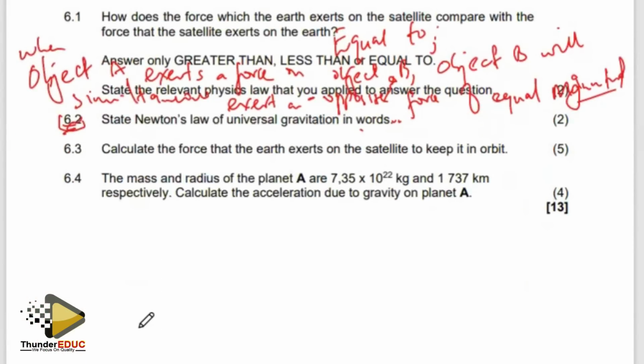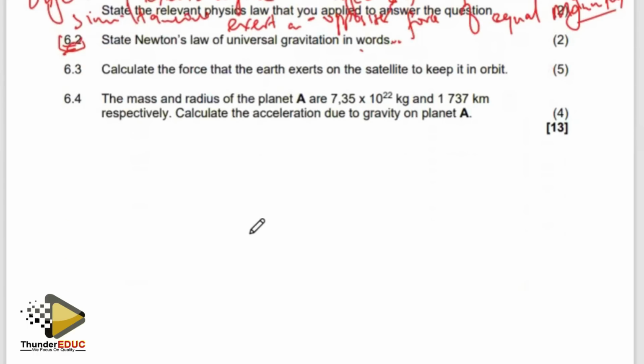Then 6.4, they're telling us that the mass and the radius of planet A are this and that, respectively. They want us to calculate the acceleration due to gravity of this planet. So from this formula, this must be the distance of separation, okay?